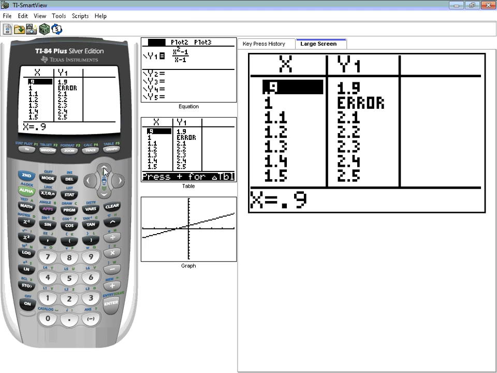Is everybody at this table with me? If you are not at this table, raise your hand so that I can help you. Okay, we'll wait for you. So I want to make sure everybody sees how this goes.